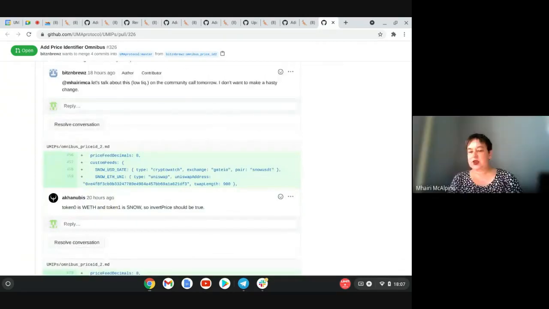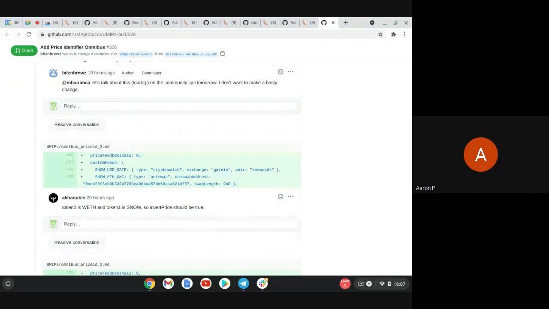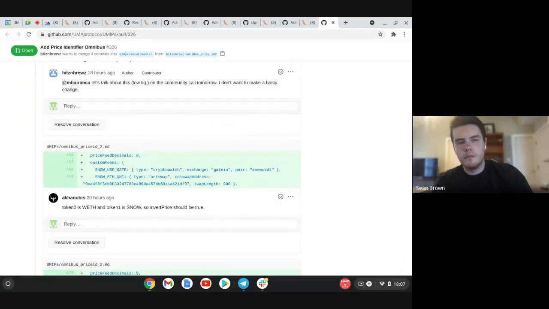Yeah, just the wrong way down, so that needs correcting. It's just a 2-word change. Okay, I can do that too. Awesome.